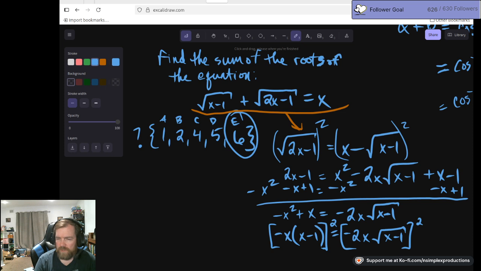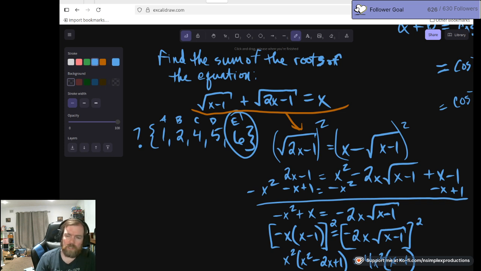Here, if we square both sides, we end up with x squared times x squared minus 2x plus 1 is equal to 4x squared times x minus 1. And in fact, we could multiply this all out.